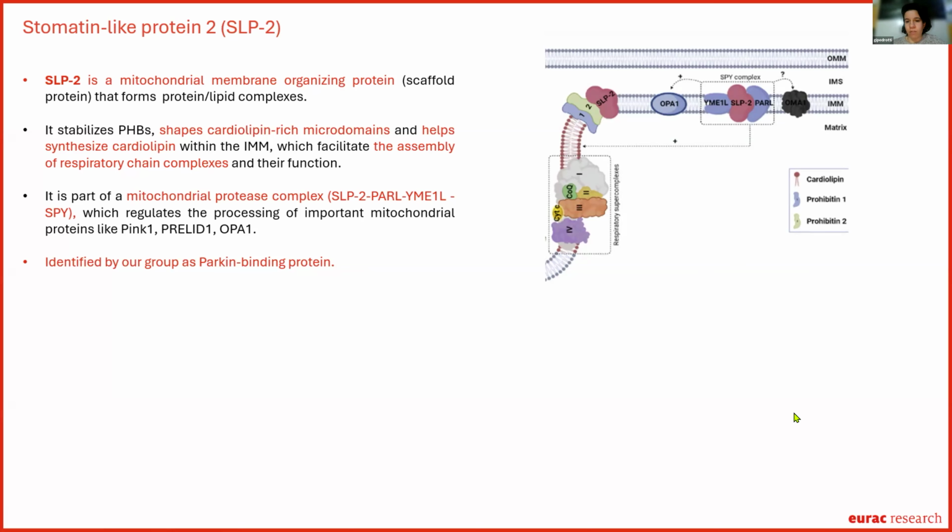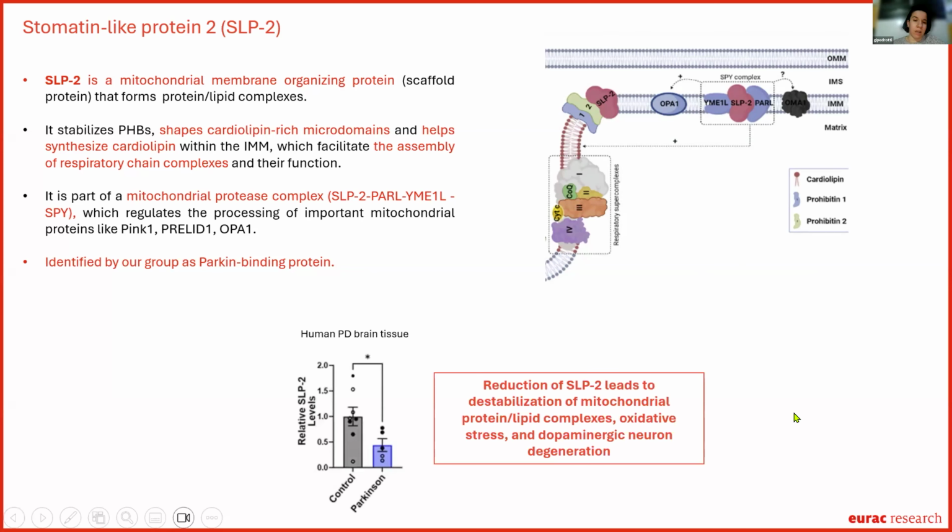In samples of PD brain tissue, this protein is reduced, and we hypothesize that this reduction leads to the stabilization of protein-lipid complexes, which makes the cells vulnerable to oxidative stress, and so to all the events that lead to the death of dopaminergic neurons.